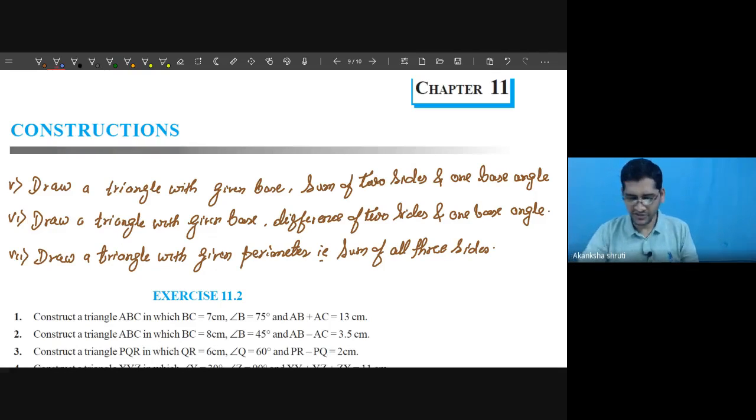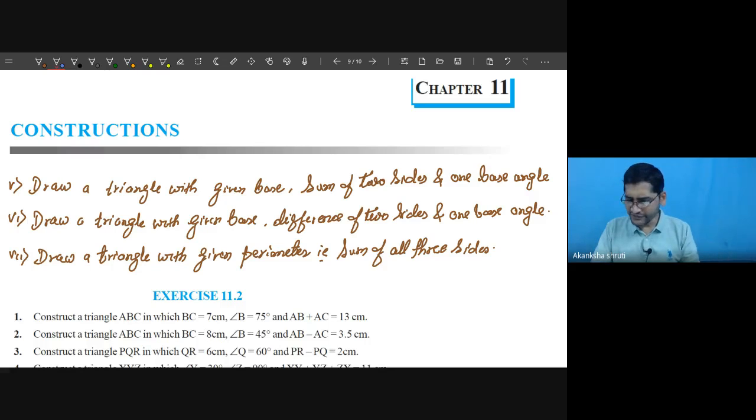Good evening, students. Today we are going to learn about three kinds of construction of triangle under these three conditions. First, we have to construct a triangle when its base is given, one of the base angles is given, and the sum of the other two sides is given.